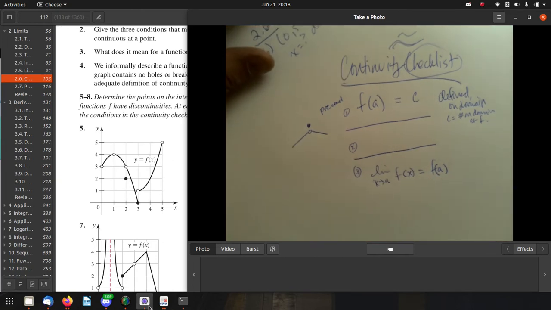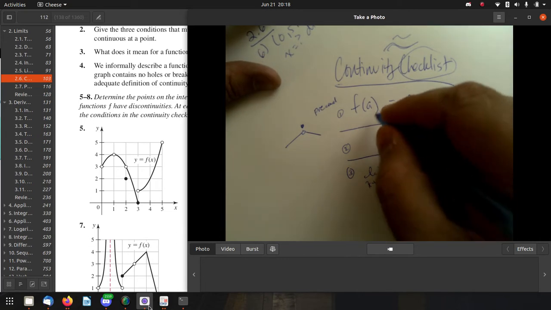Now let's take a look at the second checklist item.